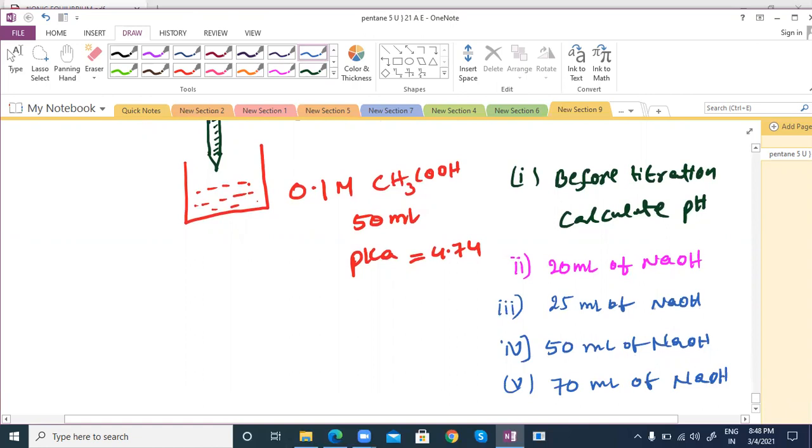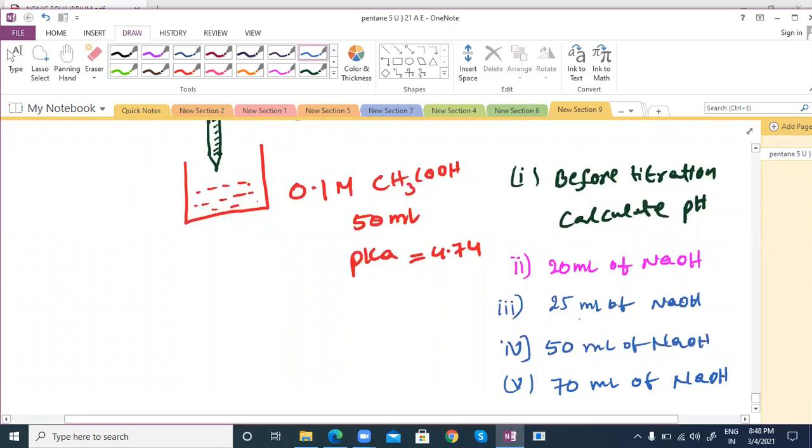If we increase this much, the pH will change a little bit, not too much. But you will get more than 7 pH because it becomes more basic in character, going slowly, because I'm increasing the NaOH volume slowly.